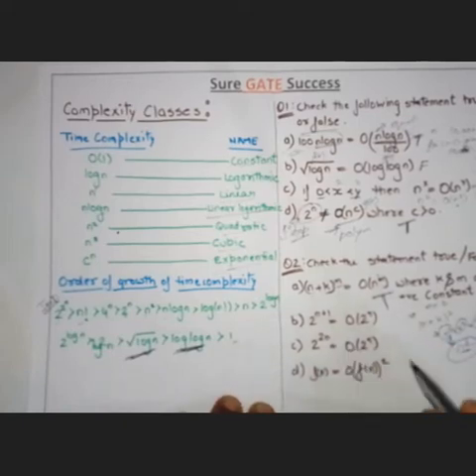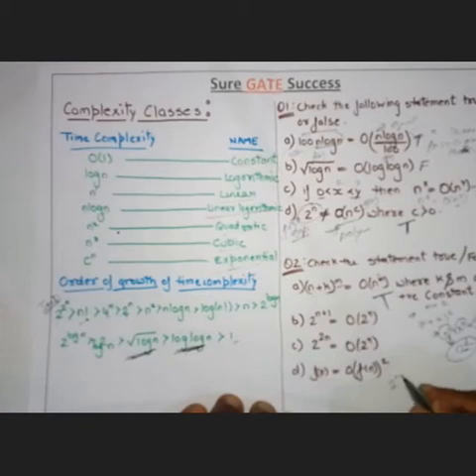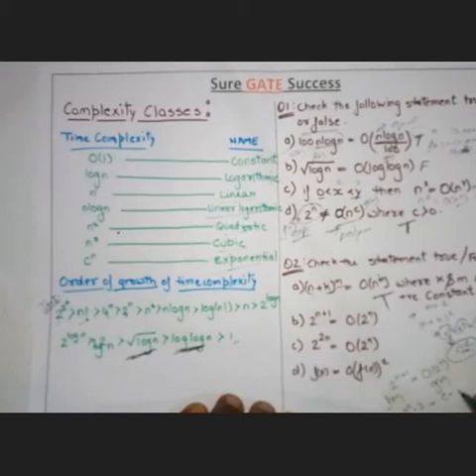In option B, we have 2 to the power n plus 1 is big O of 2 to the power n. It is f of n, it is g of n. We can write it as 2 to the power n into 2, which is C into g of n. So C into g of n is 2 to the power n.